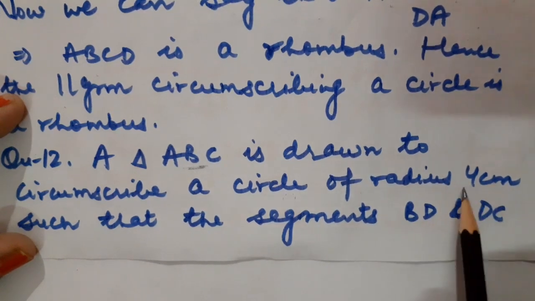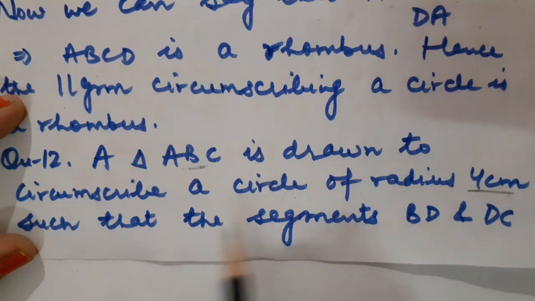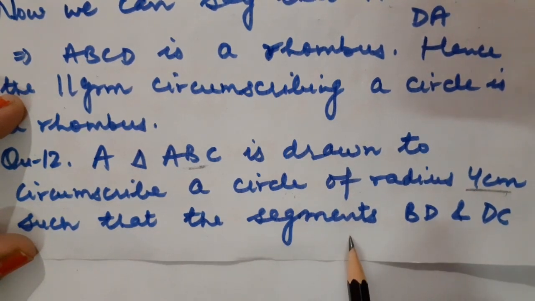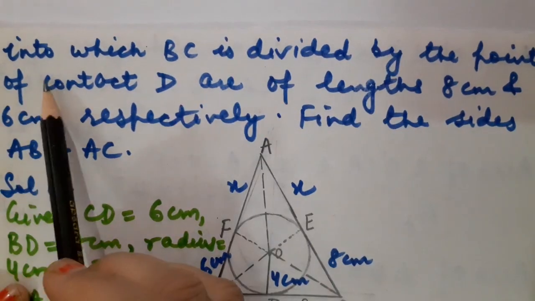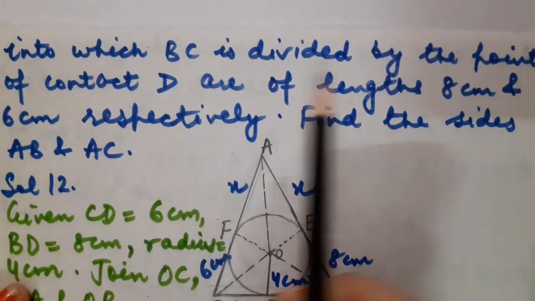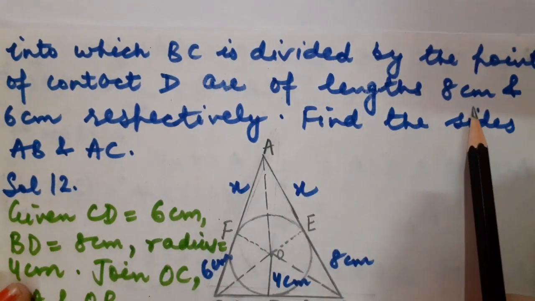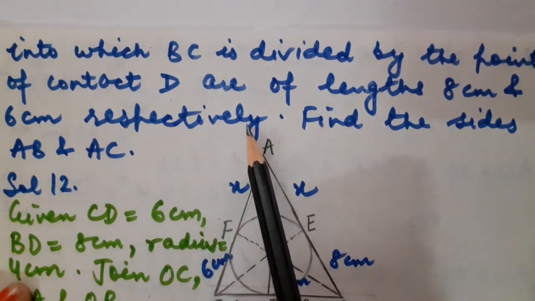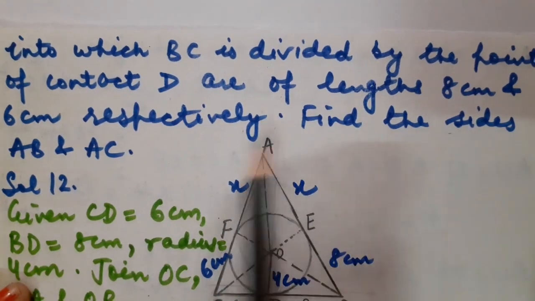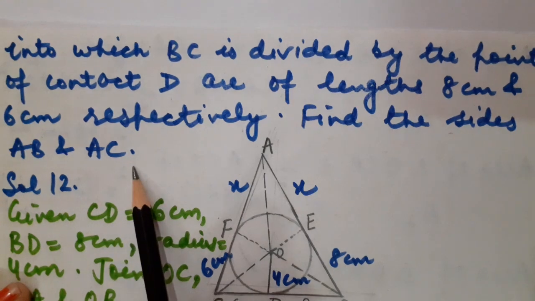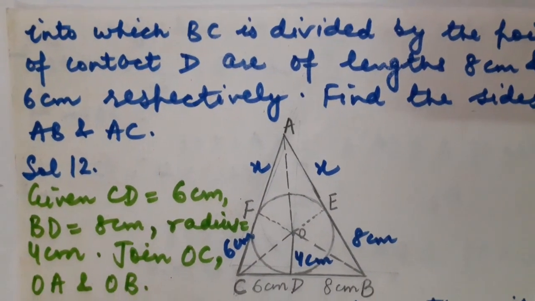We have been given the circle of radius 4 centimeters such that the segments BD and DC into which BC is divided by the point of contact, that is D, are of length 8 centimeter and 6 centimeter respectively. We have to find the sides AB and AC. These are the sides of the triangle and we have to calculate their length.